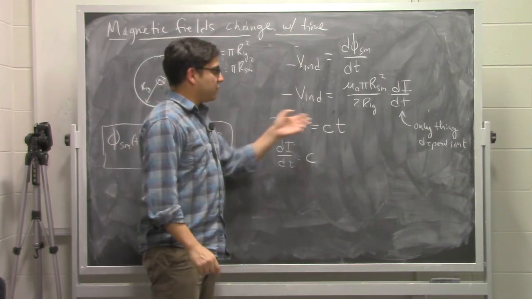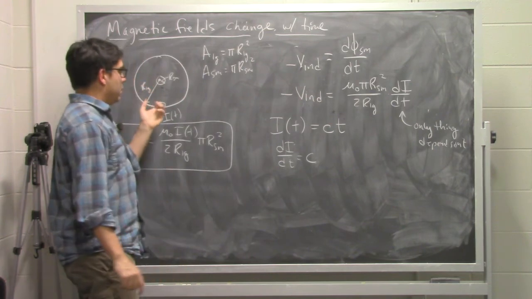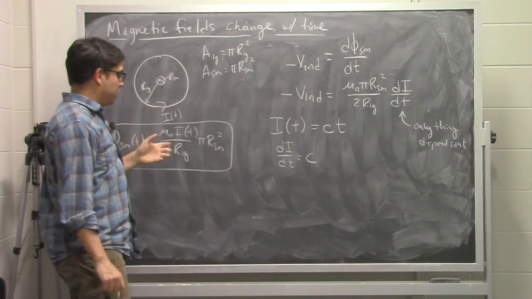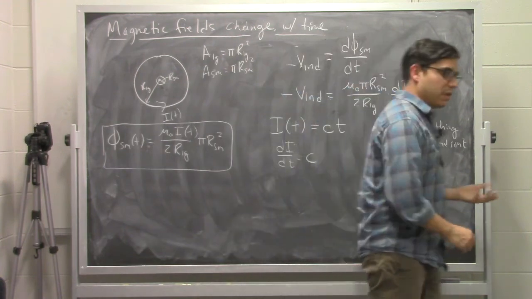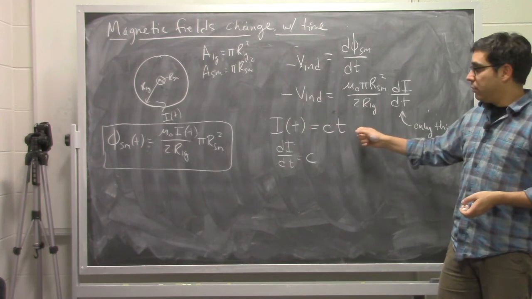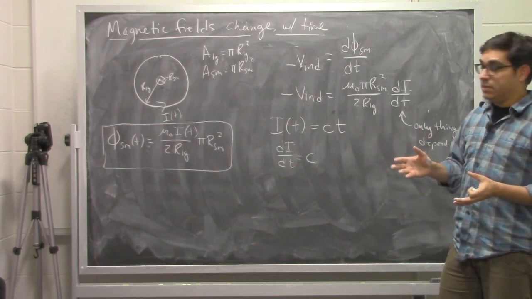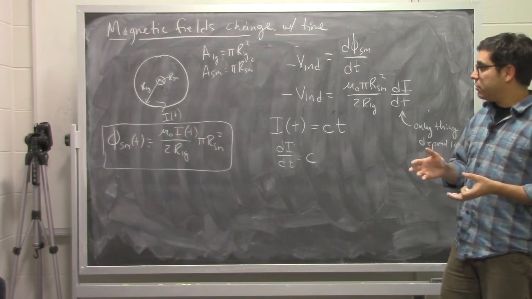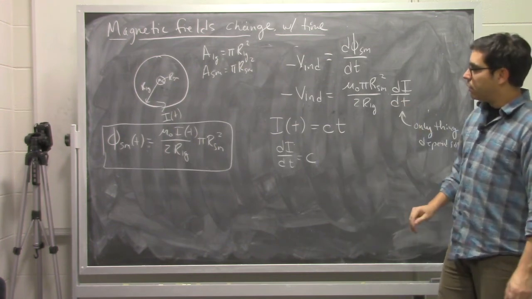So in this sense, the induced voltage will be the same throughout the loop the whole time that the current is changing. That's very special. This is a special case for this specific situation where the current increases linearly with time. For all other situations, you're going to have a variety of potentials that will show up depending on what time it is. And for this case, it'll be just this very specific result.